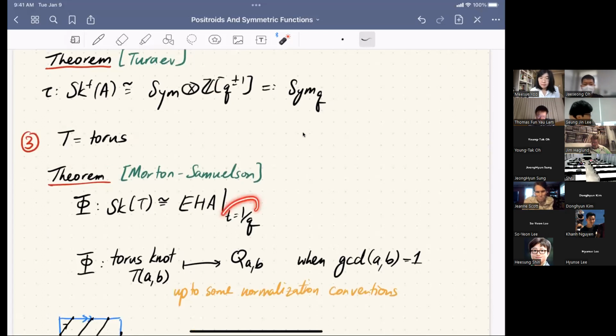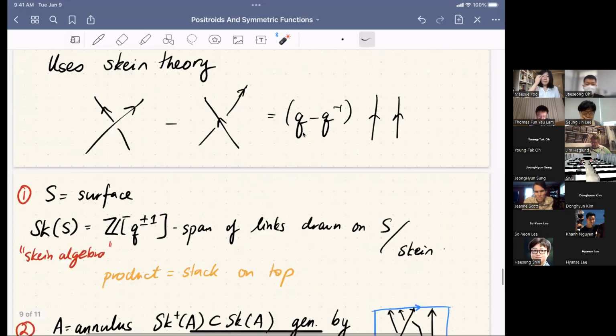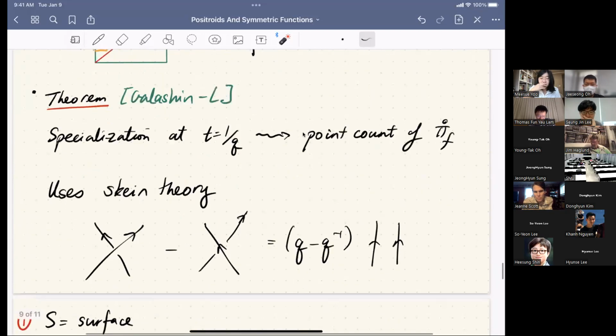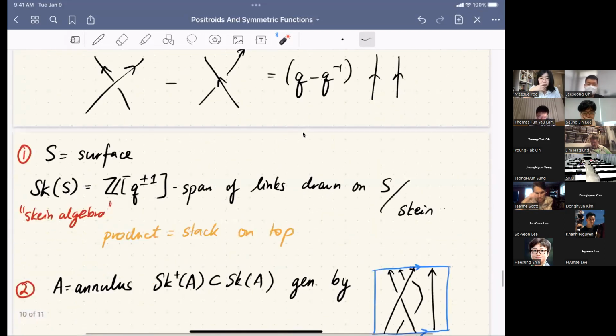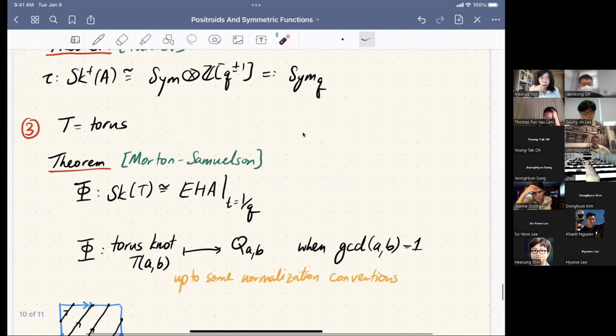This special value is where we feel confident about these ideas, and it's the case in the Morton-Samuelson theorem, up to a lot of normalizations, which are actually kind of technical. Roughly speaking, the T_{a,b} knot goes to the operator Q_{a,b} inside the EHA. So there's this isomorphism between the skein algebra of the torus and the EHA evaluated at some parameters.